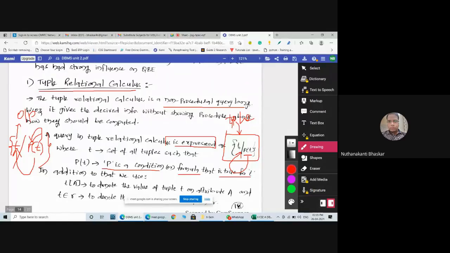But this output comes only based on P(T). P(T) is nothing but a formula, or a condition. When the condition is true, then T will be written. T is nothing but the tuples as output. So this is the meaning of this formula. We need to use this formula wherever we want to use tuple relational calculus. Clear?